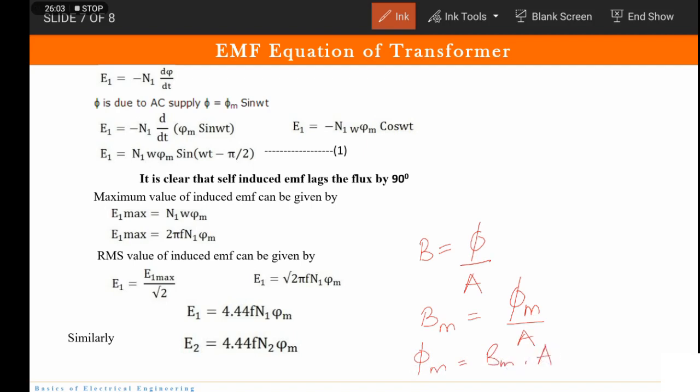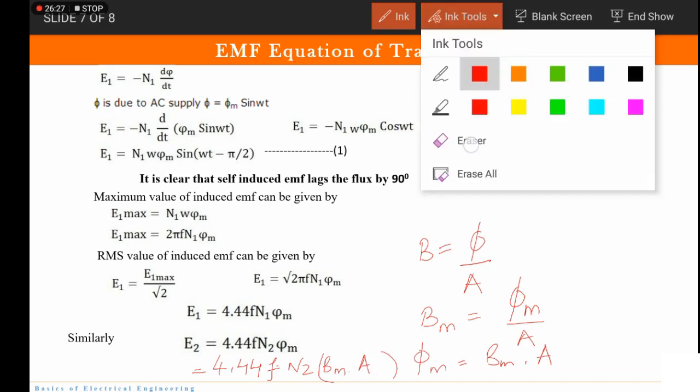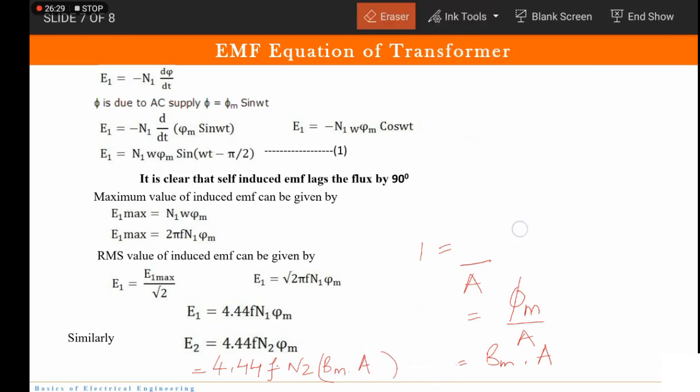Why am I telling you this equation? Because the same equation can be converted into 4.44 into f into N1 or N2, depending on whether we are talking about primary or secondary, and then we can put the value of phi m, which is Bm into A. In some numericals, it is quite possible that they have not specified the value of phi m, but they have specified the value of Bm.